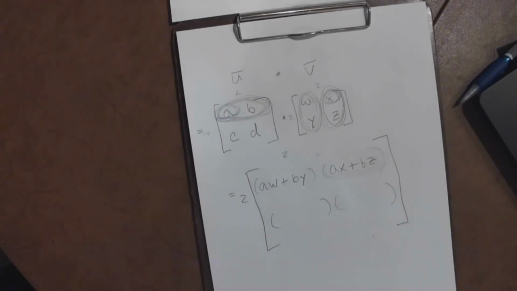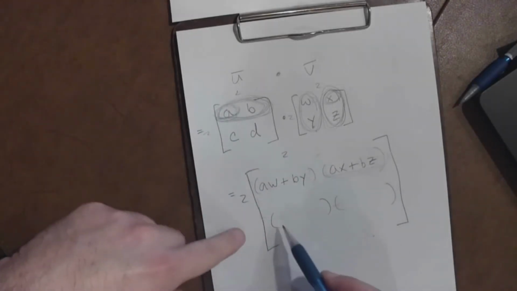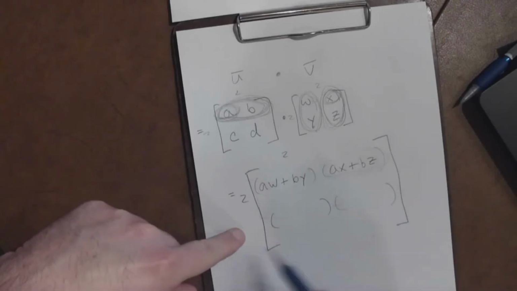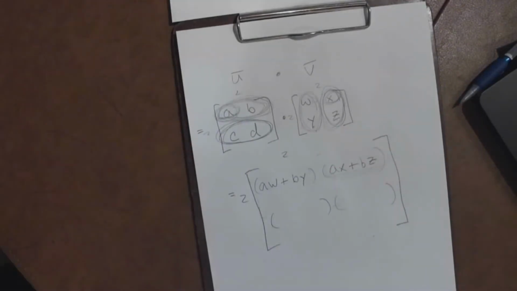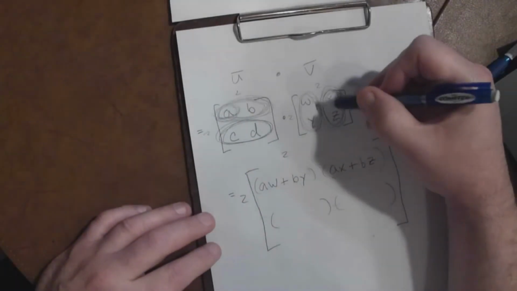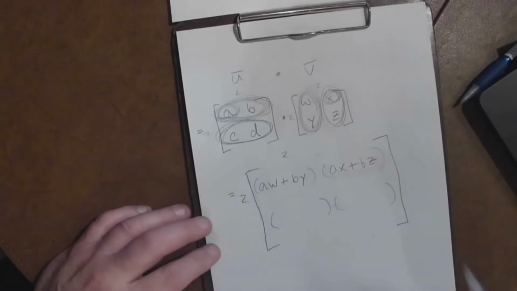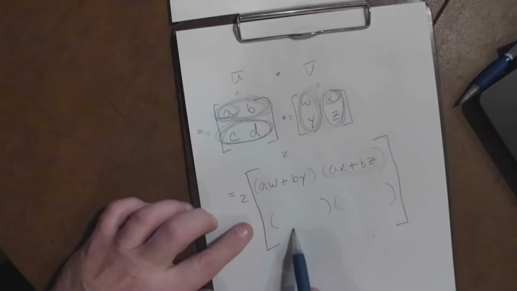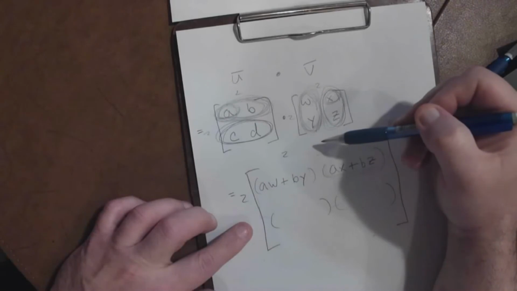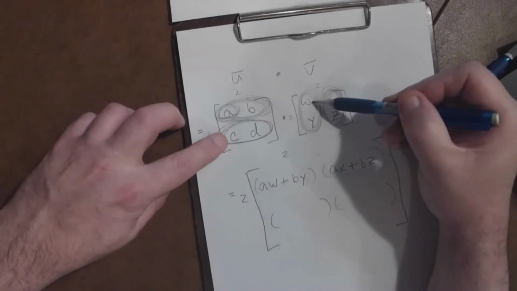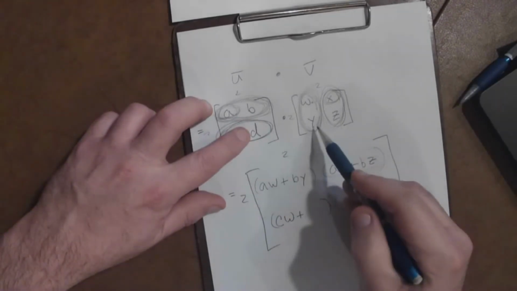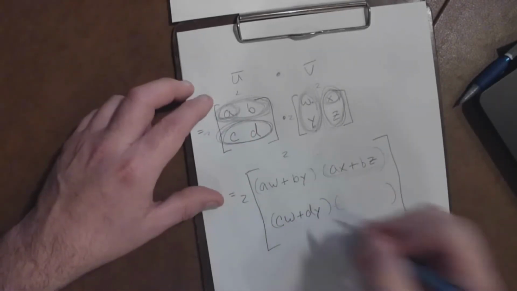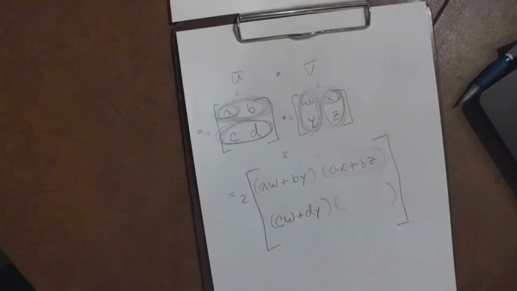Right? Now, as you start to work through this formula, you will see that pattern develop. Now we're going to fill in our value in the second row. It is going to be the second row of U times the first column of V, which goes in this location in a row-column multiplication. So the first component times the first component is CW, added to the second component times the second component, DY.